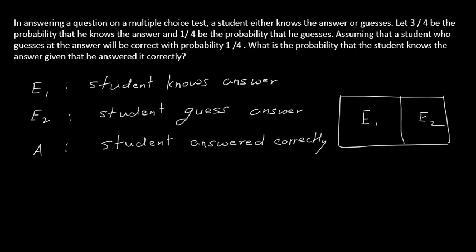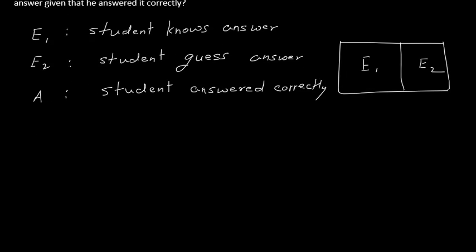Okay, so we have probability of E1, that means student knows the answer. What is the probability? It is 3 by 4. Probability of E2, that the student guessed the answer, it is 1 by 4.